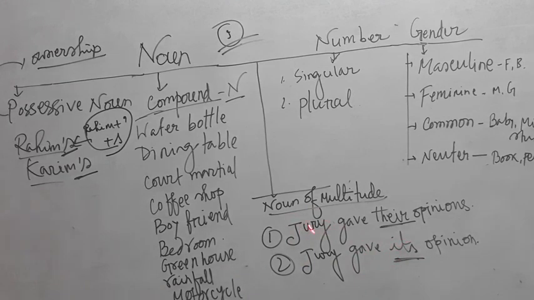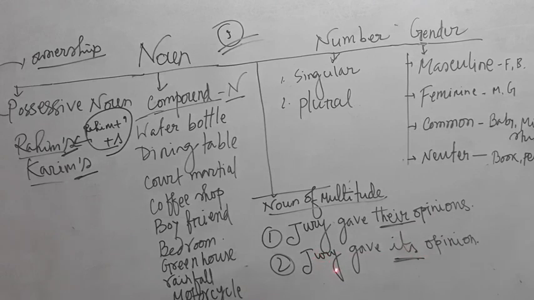Okay, but the same word may be used as plural, and it can also be used as singular. See that I have written down two examples here. Jury gave their opinion. See that the word is jury, but here its pronoun is used there. That means the plural sense and separate, not together. Okay, and see that, jury gave its opinion. Their opinions and its opinion. Its means singular.